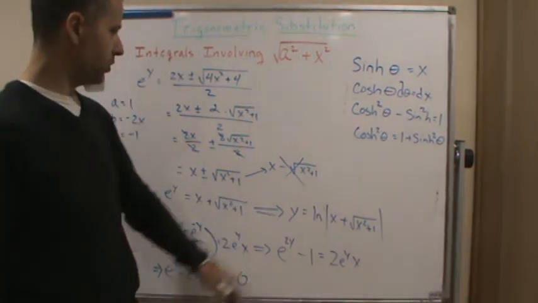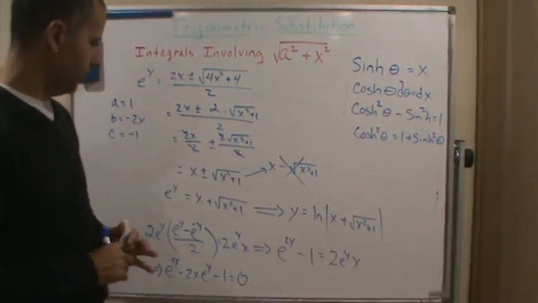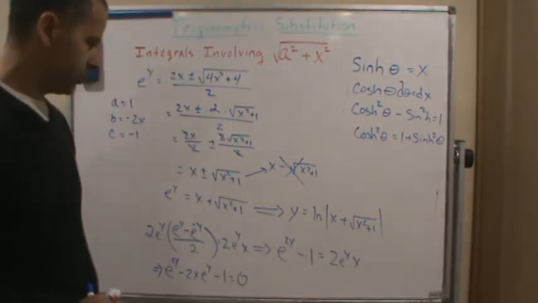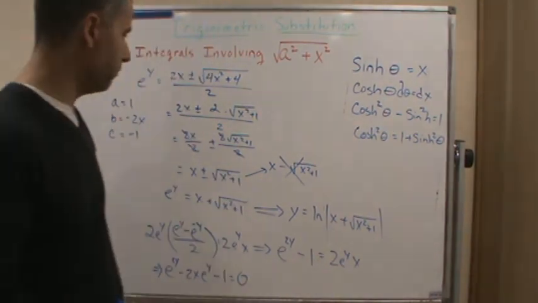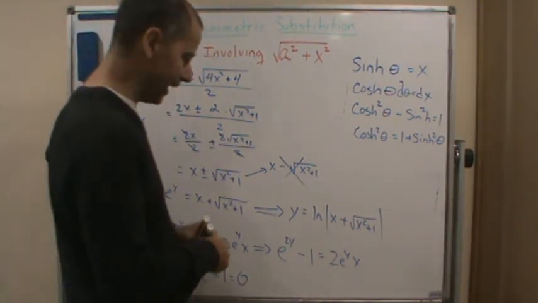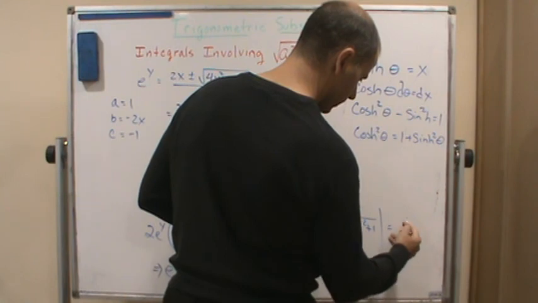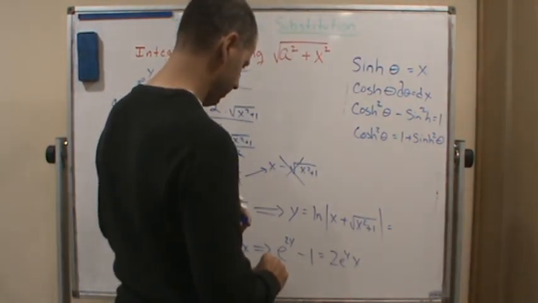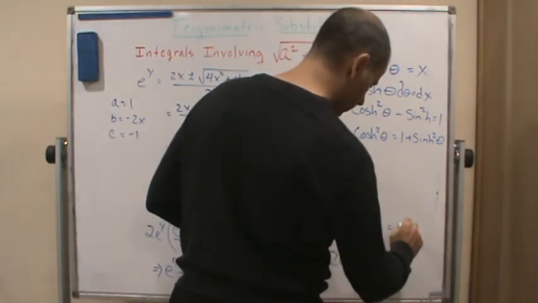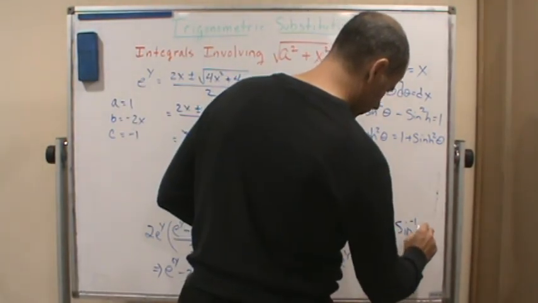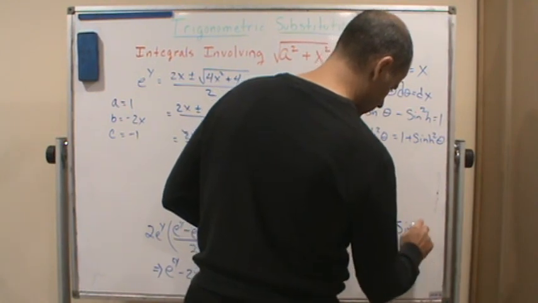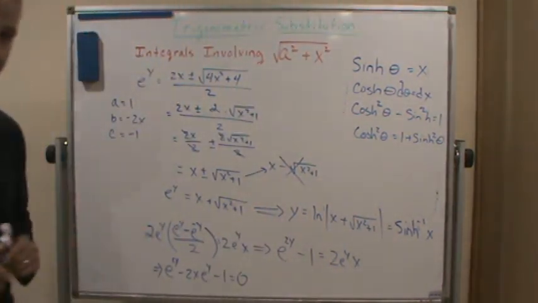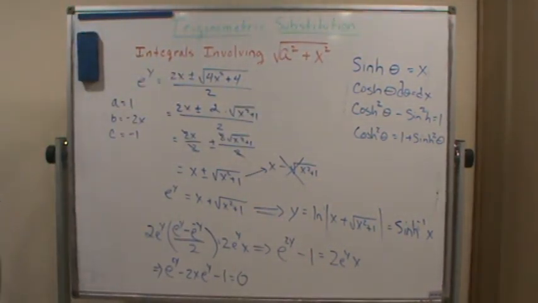And we're done. We just showed that y is equal to the natural log of the absolute value of x plus the square root of x squared plus 1, which is exactly the same as the inverse hyperbolic sine of x.